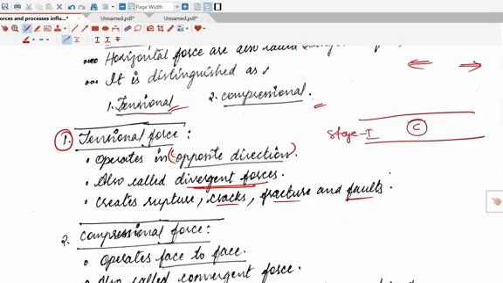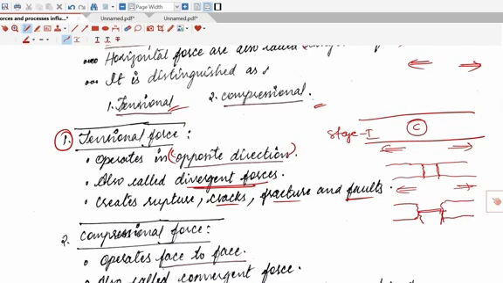In stage 2, what happens is, due to some kind of cracks or weak zone here, and due to the tensional force acting here, this gets diverged, and later it forms as this, and water gets filled in this area, and it forms a lake or sea, etc. So this creates rupture in the land surface, and it forms cracks, fractures, and faults. This is called a fault.